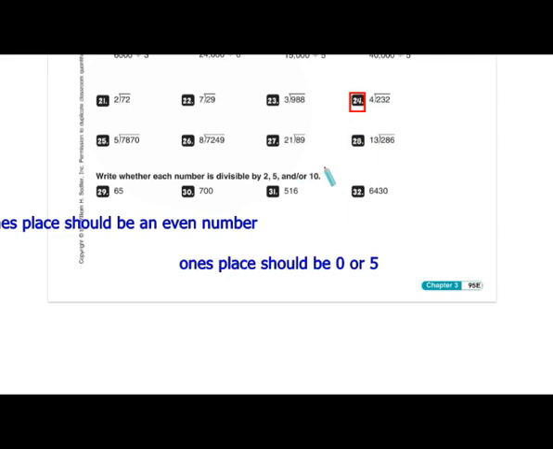And for ten, the number is divisible by 10 if the ones place is 0 and nothing but 0. Okay, so if the ones place is 0 or 5, it's divisible by 5. If the ones place is 0, it's divisible by 10.